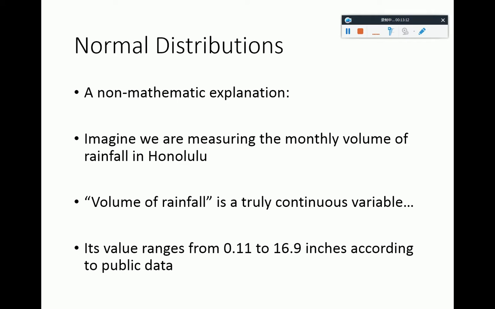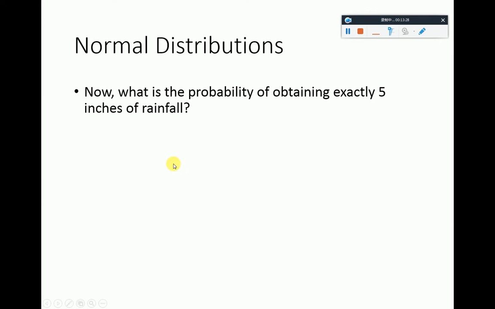It applies to all kinds of continuous distributions, Poisson distributions, t distributions, f distributions, chi-square distributions, whatever, as long as it is a continuous distribution.